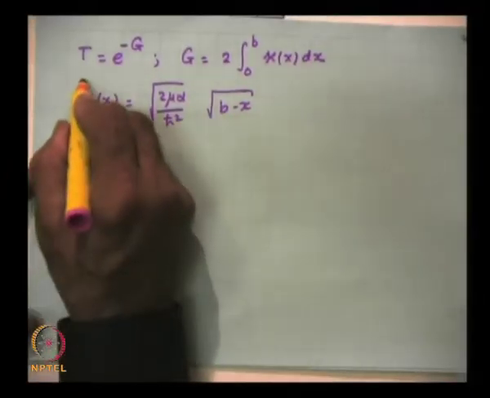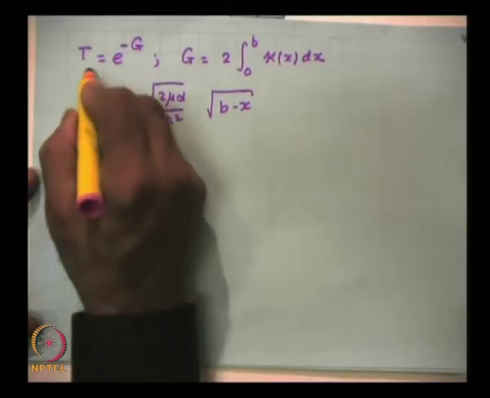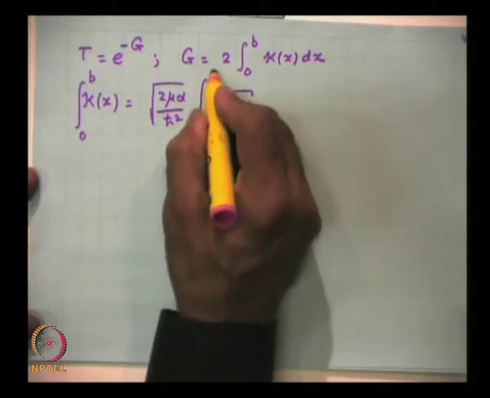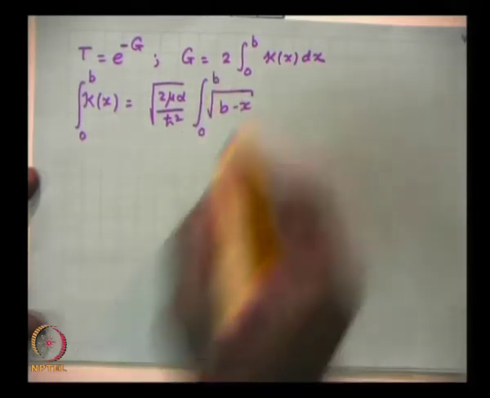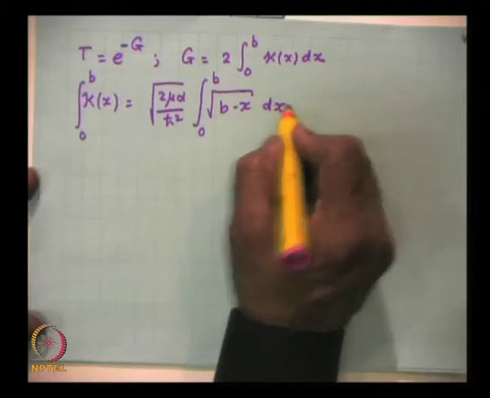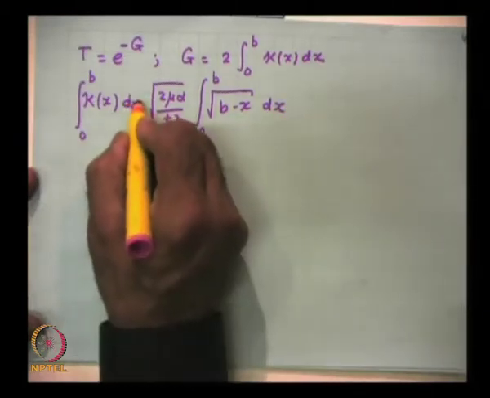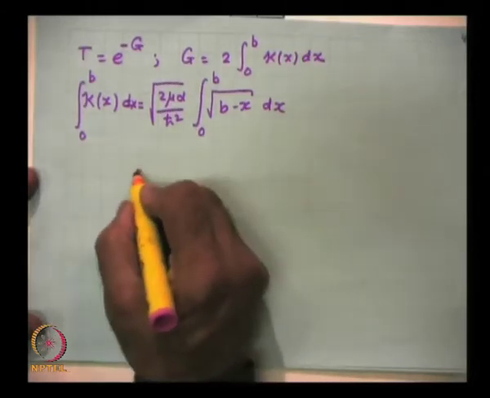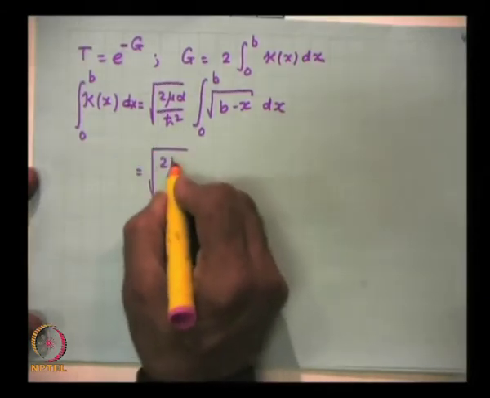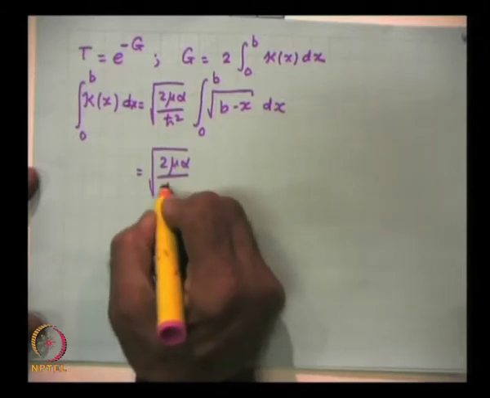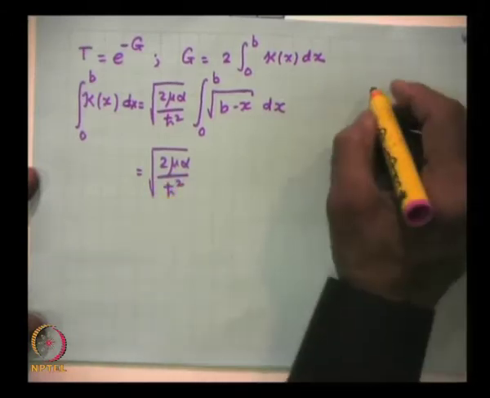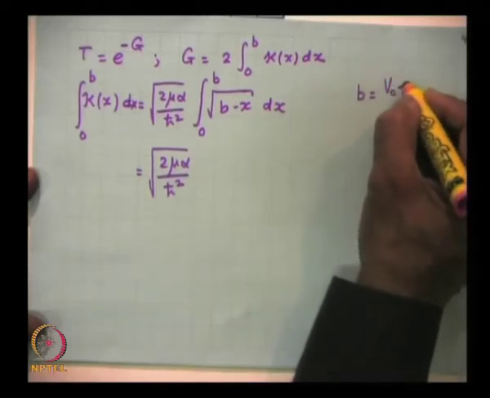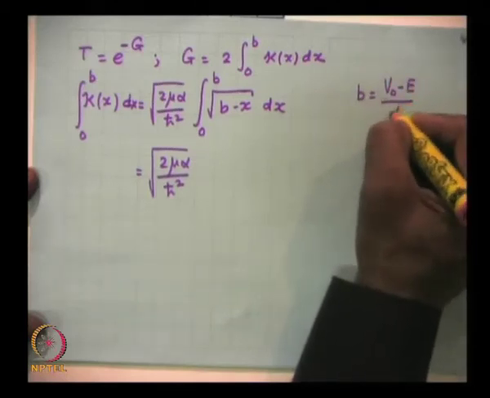So, therefore, the integral from 0 to b, I hope this is clear, dx, I must multiply the left hand side also by dx, and this will be equal to 2 mu alpha by h cross square sitting outside, and the value of b, as I had mentioned in my previous slide, is V0 minus E divided by alpha.